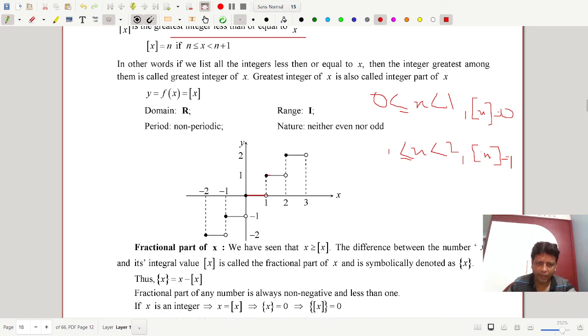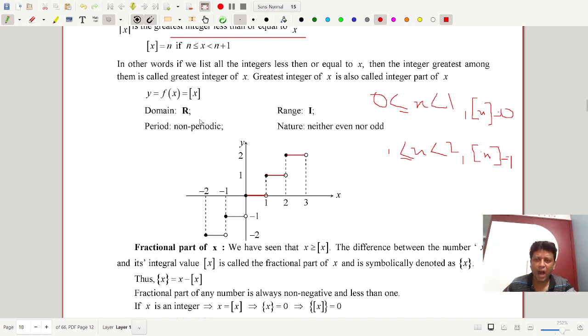So this is the diagram. At 1 you have a right discontinuity, so there is a blank dot. On the left, it is continuous; you have a black dot, which means it includes the point. 2 is excluded. So this is like a step function.